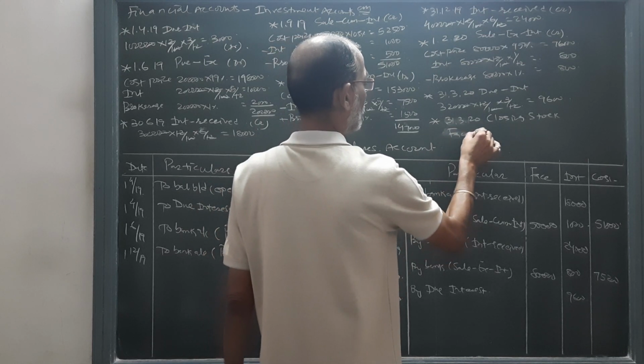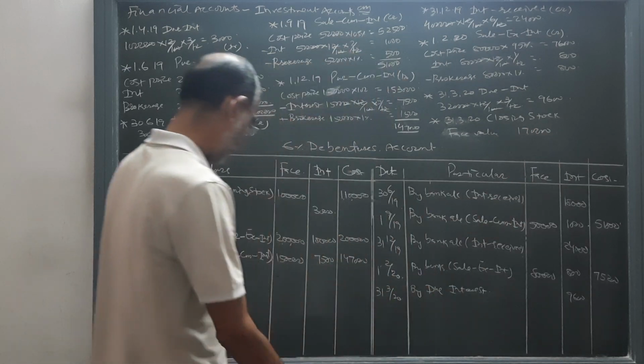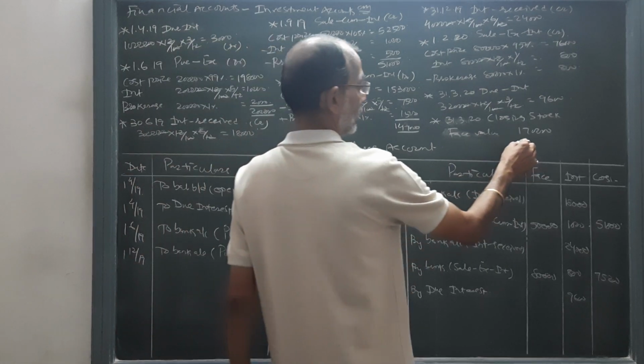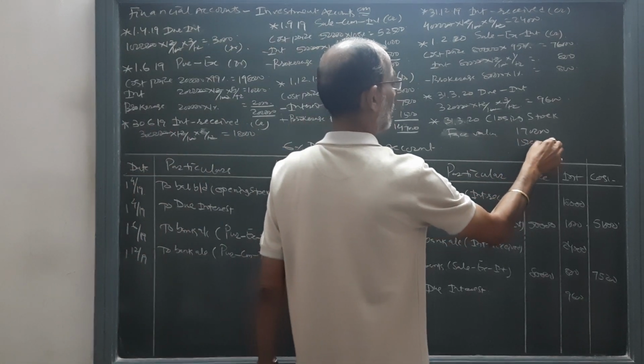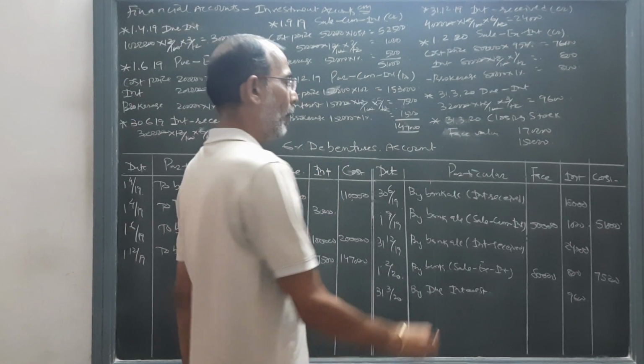So out of 2 lakh, if you are selling 30,000, you will have a balance of face value 1 lakh 70,000, and securities of 1 lakh 50,000 will remain as it is in balance.